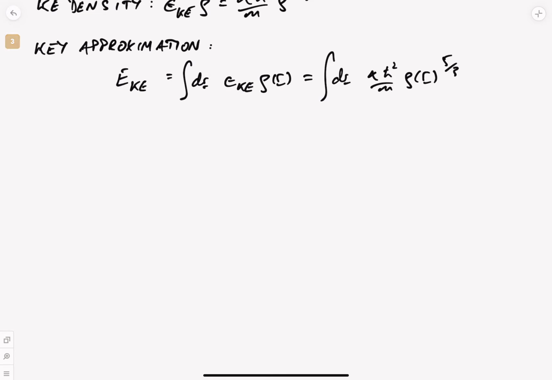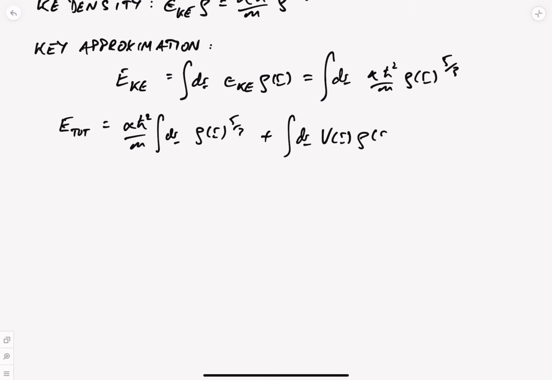So if we combine those two, we can write the total energy, E tot, as given by alpha h bar squared over m integral dr of rho of R to the 5/3 plus the integral dr V of R rho of R. Now in the usual way, we're going to find the ground state by minimizing the total energy.